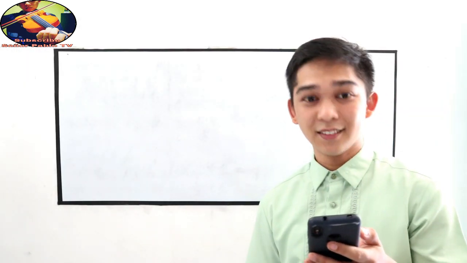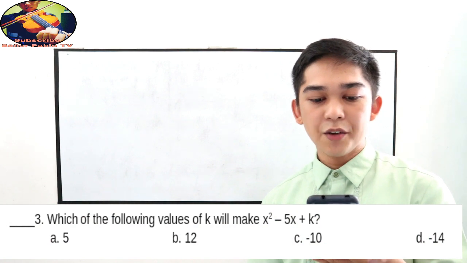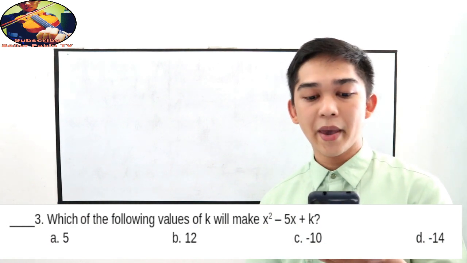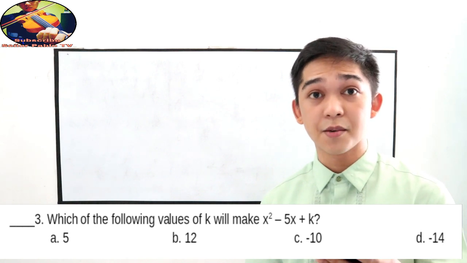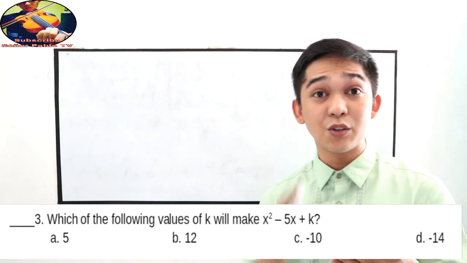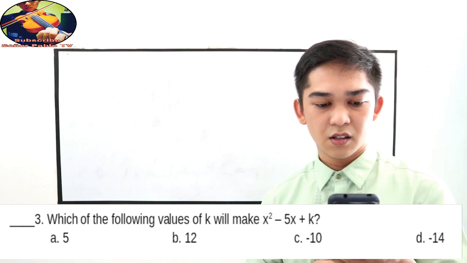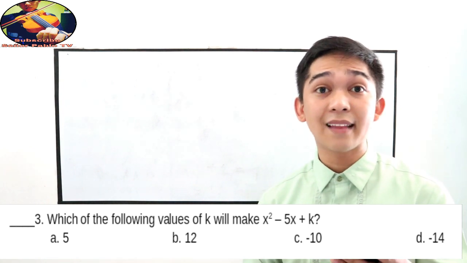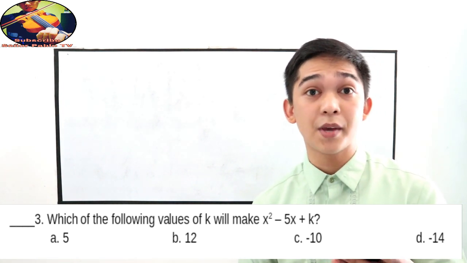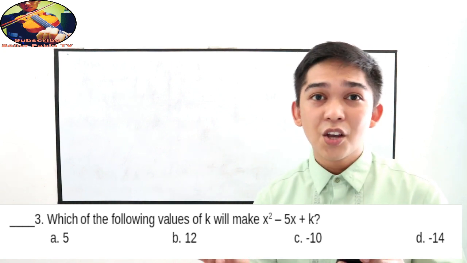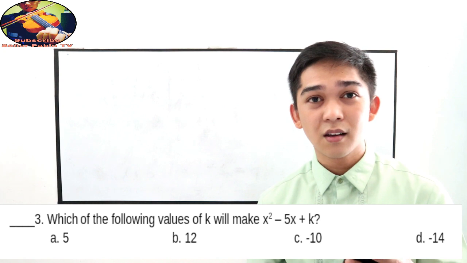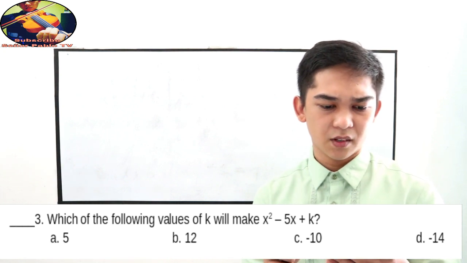Number 3 tayo. Which of the following values of k will make x squared minus 5x plus k? So ano daw yung value ni k? So dun sa trinomial natin in the form x squared plus bx plus c, dapat pag pinag-add natin or subtract yung factors ni k, lalabas yung middle term.